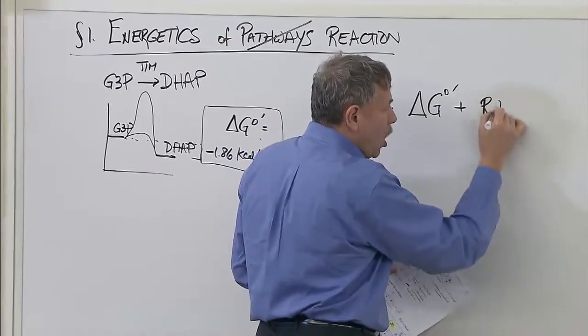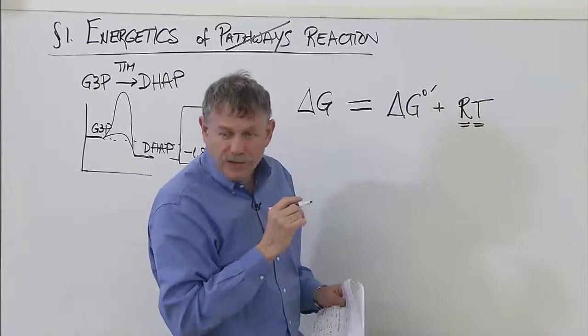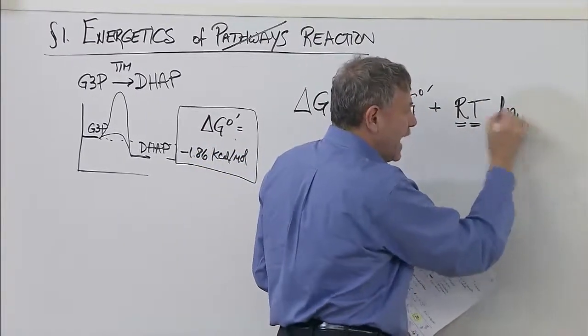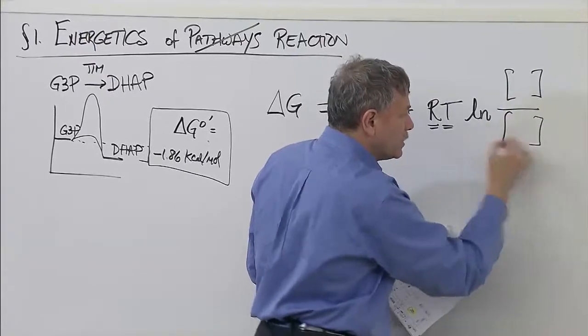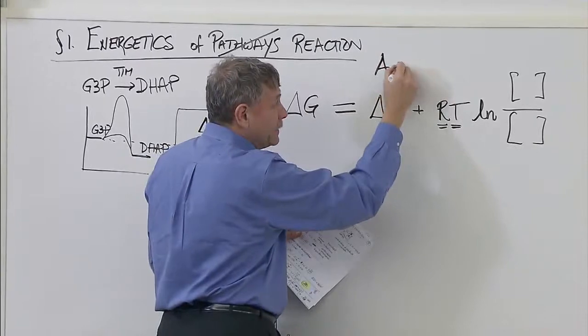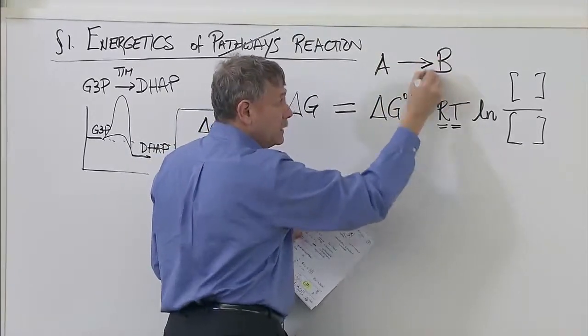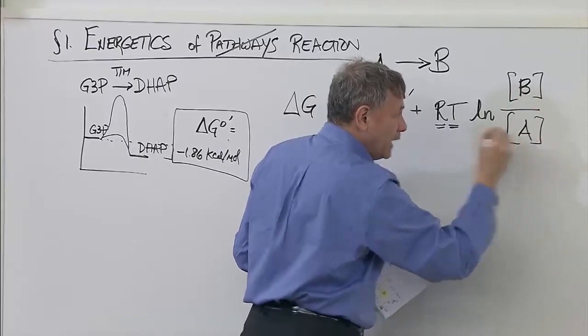So it has RT, that's a constant there, and T is temperature in degrees Kelvin, and it has the natural logarithm of the concentrations of the products over the reactants. So if our reaction was A converted to B, then it would be the log of B over A.